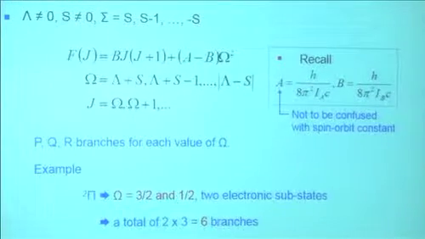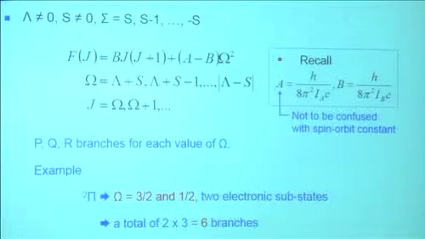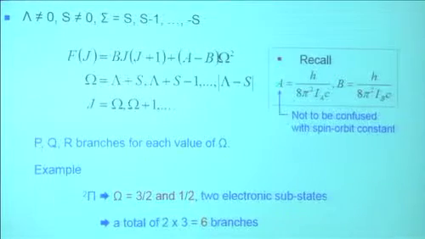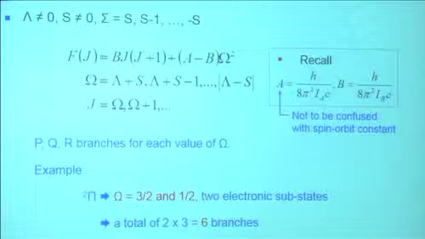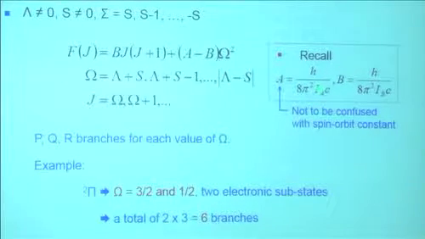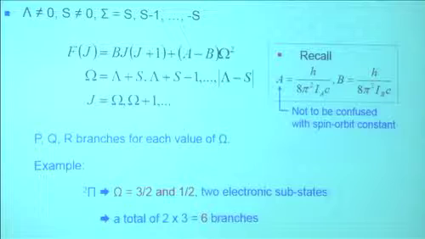Although we have to be very careful what we mean here by A. It's a little subtle. We've used capital A for h over 8 pi squared I sub A and B. This A is not exactly the same thing, because it was introduced as the spin-orbit coupling constant. So we have to be careful sometimes about the notation.